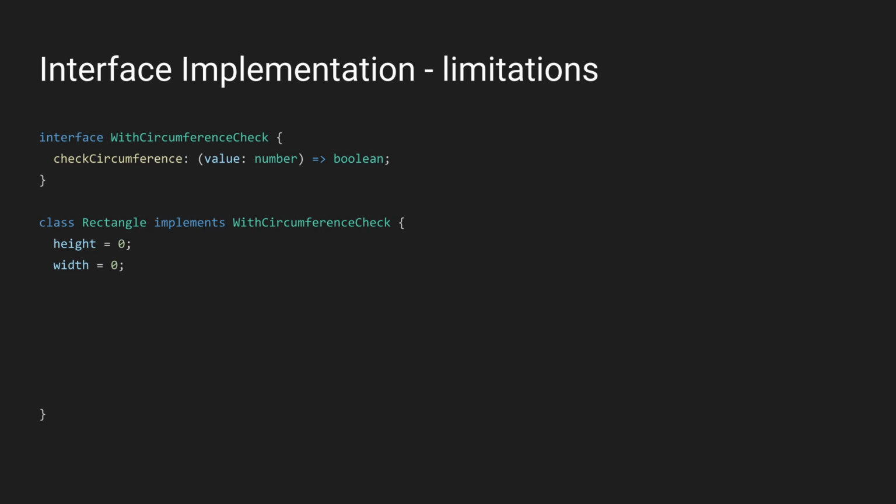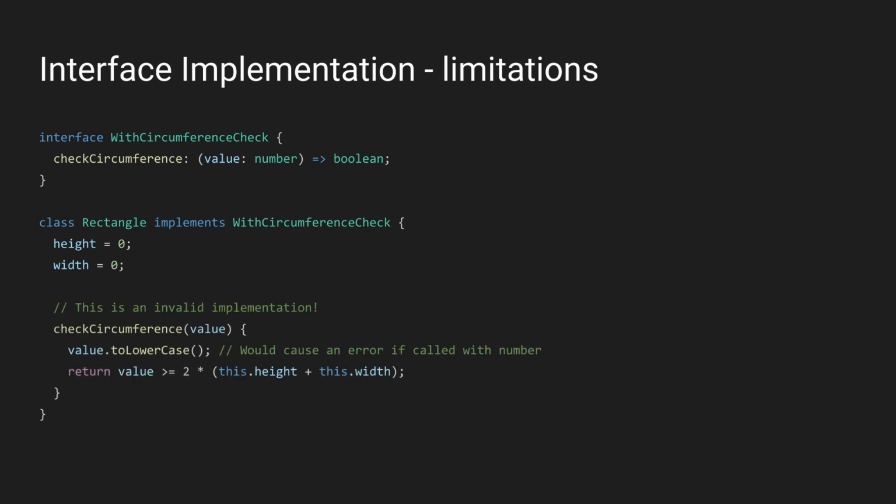Let's investigate our example to understand how it works. We are creating the method that is required by the interface, but we are skipping the argument type for the check circumference value. It should be a number, but as mentioned, TypeScript is not adding this context to the class implementation.